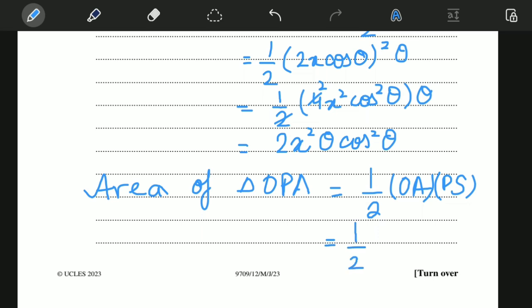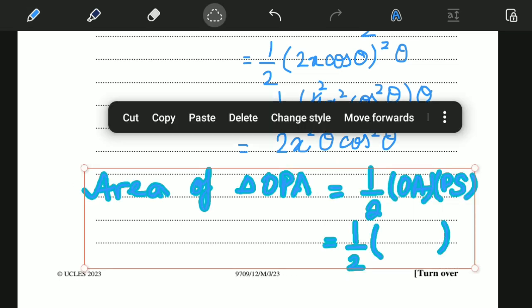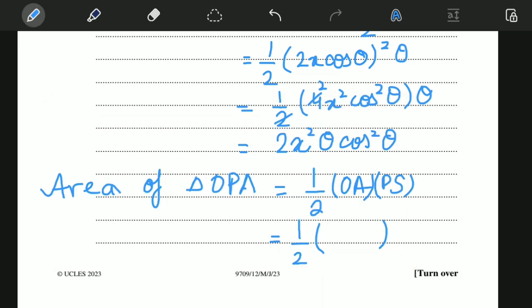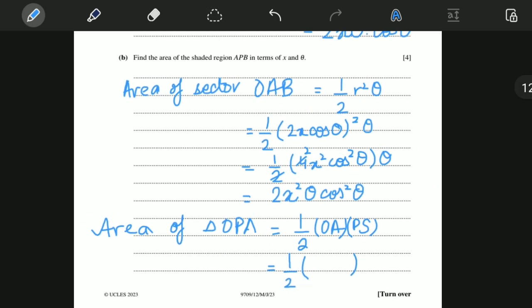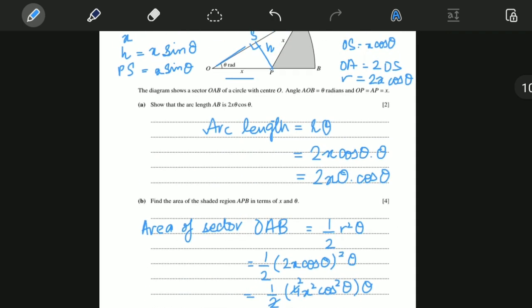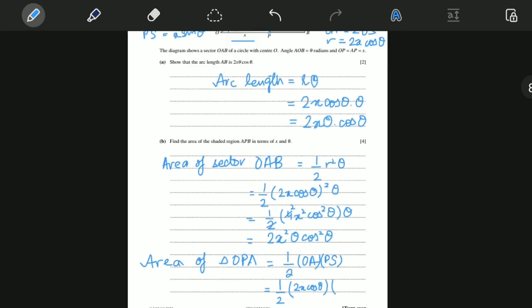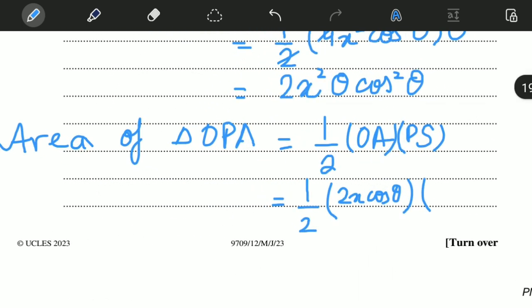Half of OA. Let's just first arrange this a bit. OA is 2x cos theta, and PS is what we just found, x sine theta.